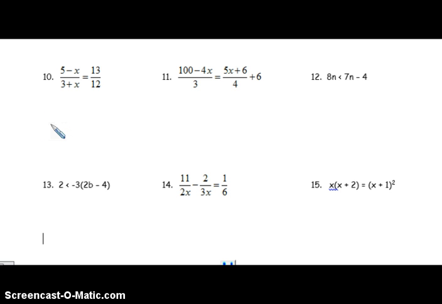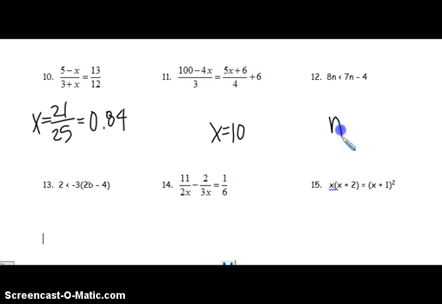Right, on number 10, you should end up with x equals 21 over 25, which if you put that as a decimal, should be 0.84. On number 11, you should get x equals 10.